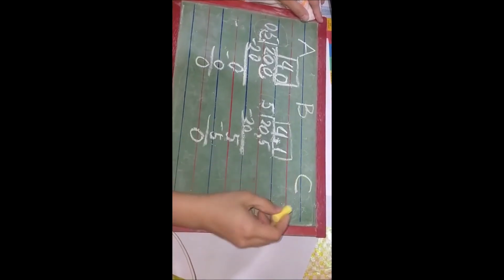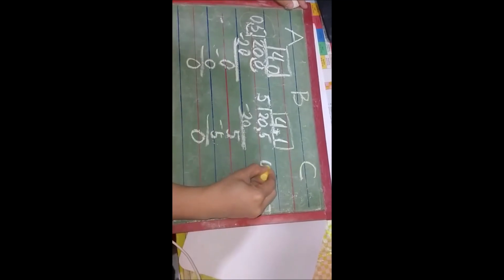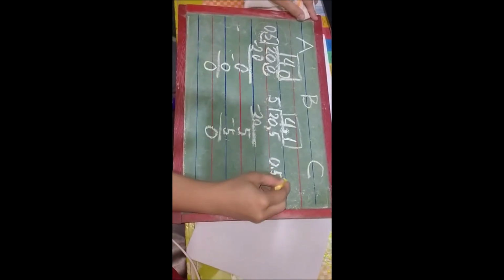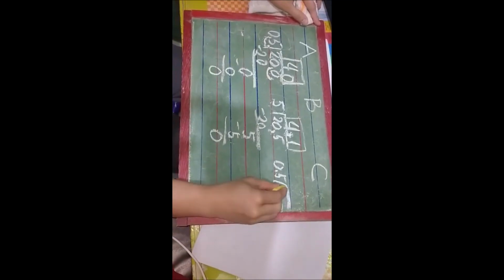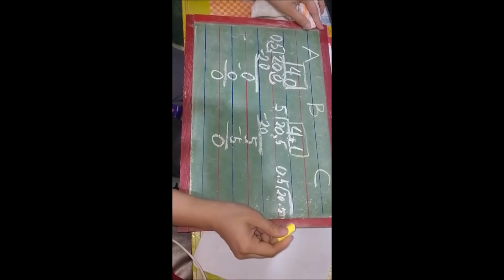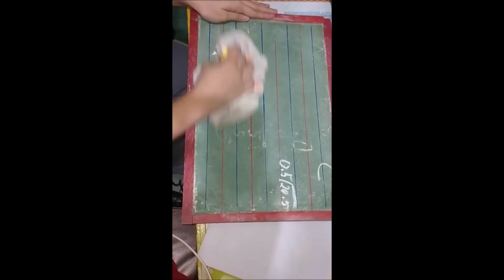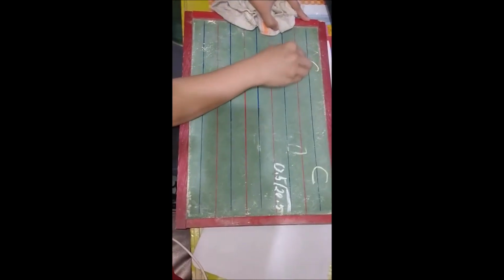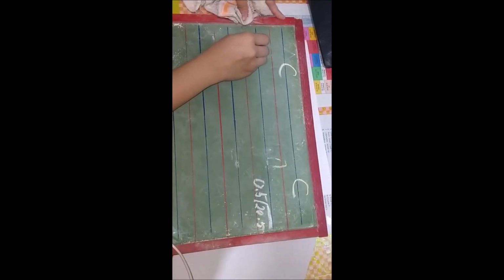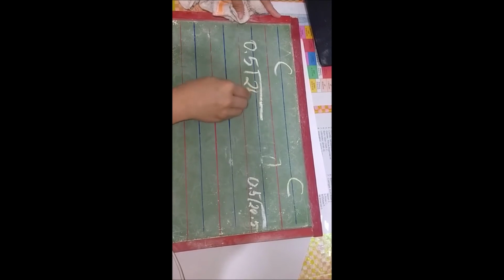Now, for letter C, both are decimal numbers. Say for example, 5/10 divided by 20 and 5/10. The space is a bit small, so let me move it. For letter C, we have 5/10 to be divided by 20 and 5/10.